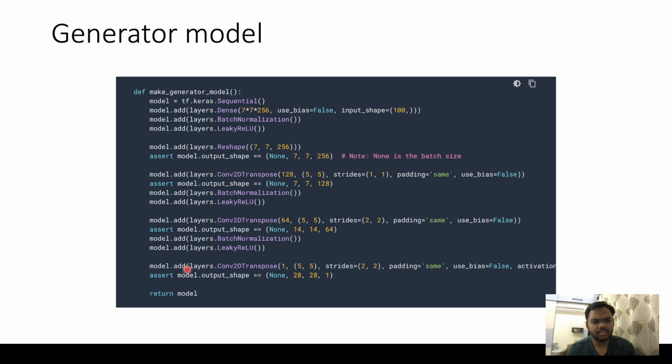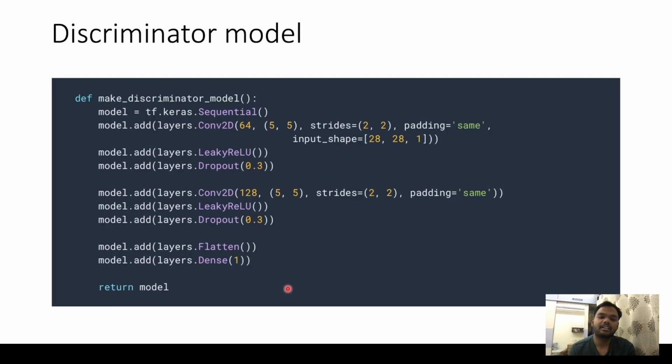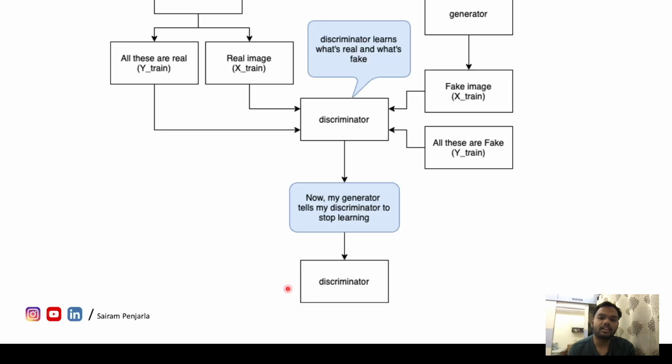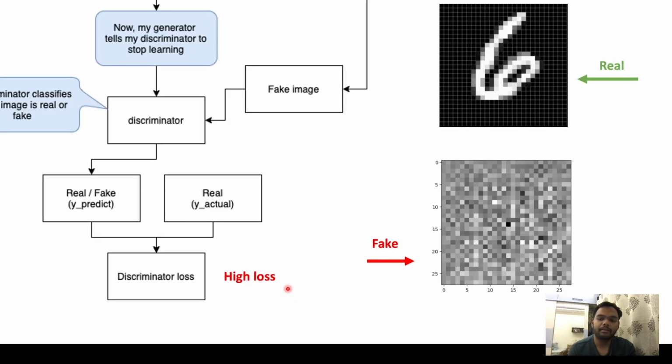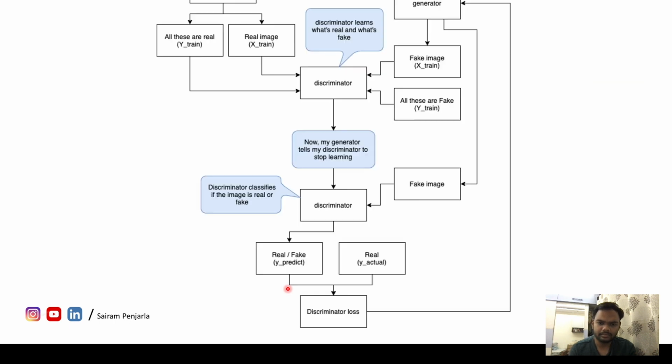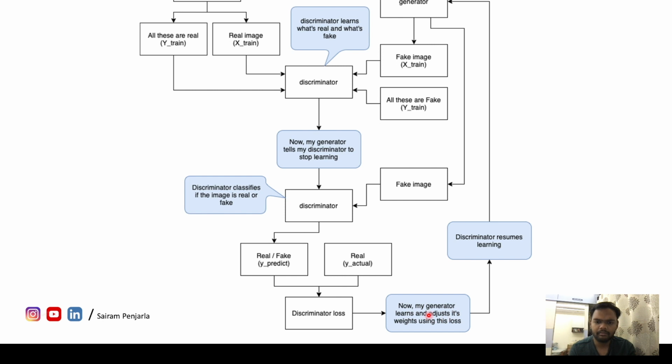I'll go through the code later on, but you can see that there is no model.compile here. We're not compiling this because I'm going to ask my generator to learn only with the help of back propagation, this part. And for that reason I don't have model.compile there.